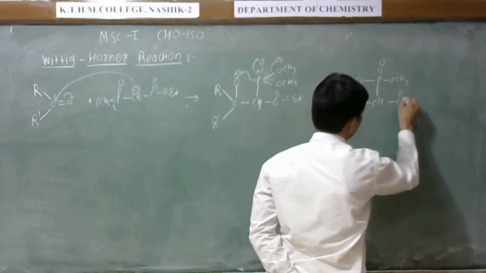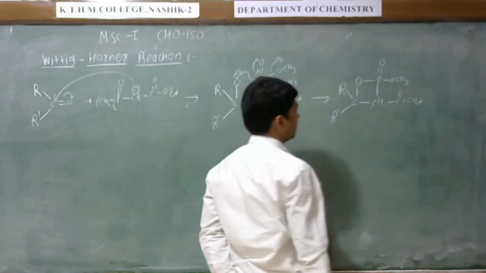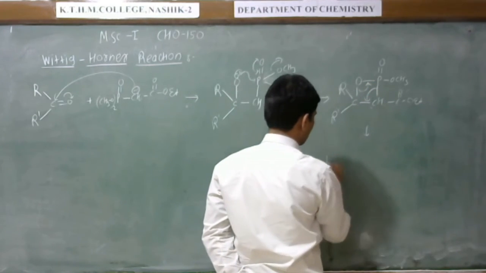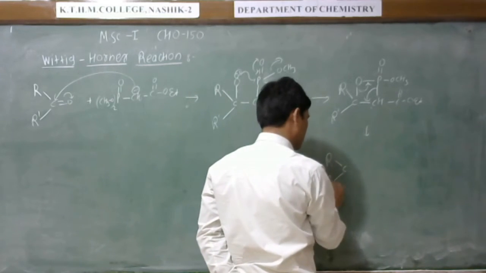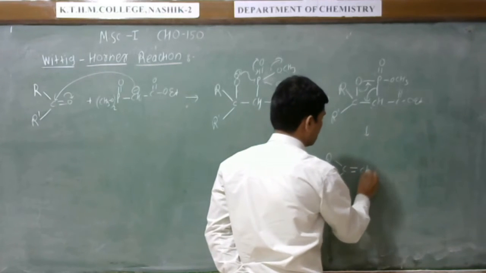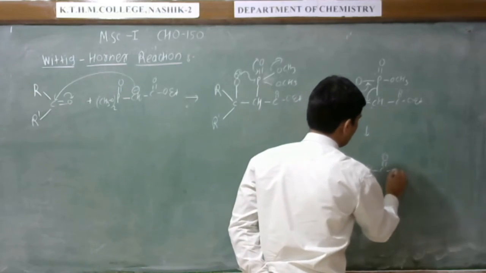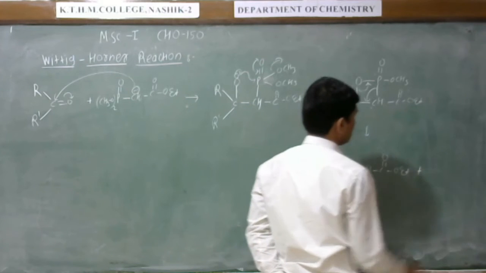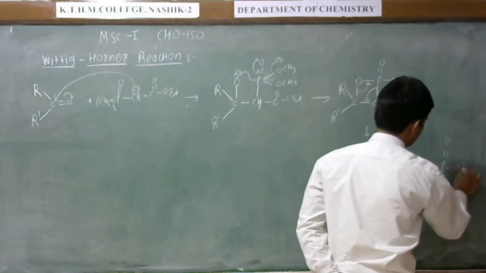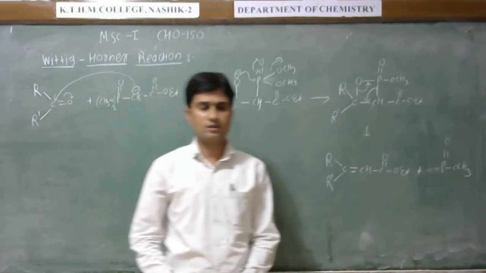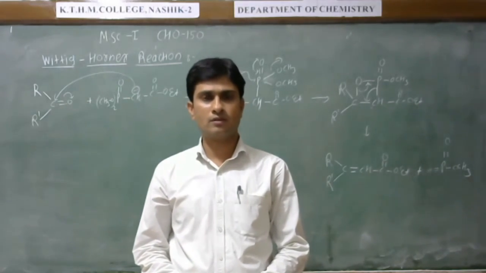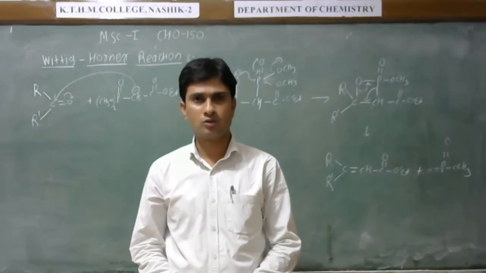Now by an elimination reaction, there will be formation of the olefin R C double bond CH, C double bond O, and here the removal of phosphorus. This is the simple mechanism by which we can prepare olefin by using the phosphonate.